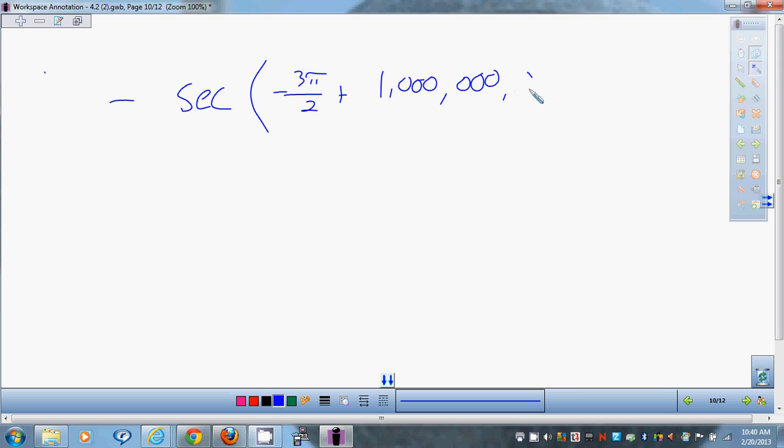And then I also want positive cotangent. Positive cotangent of, let's see, 3 minus 7.